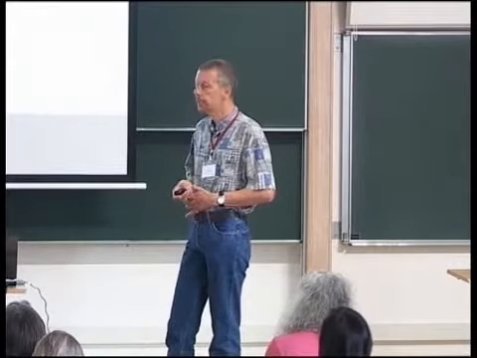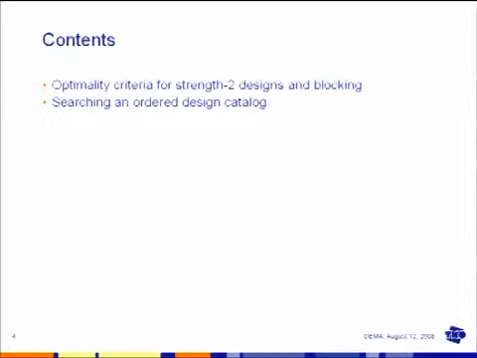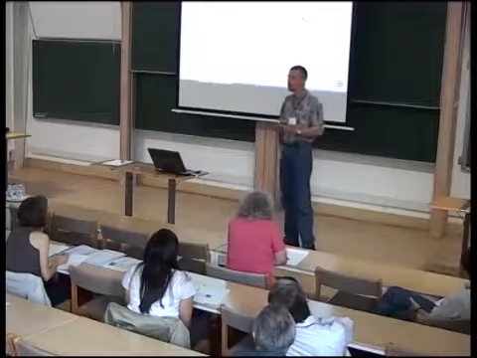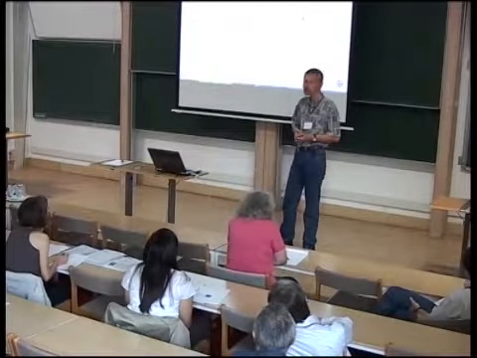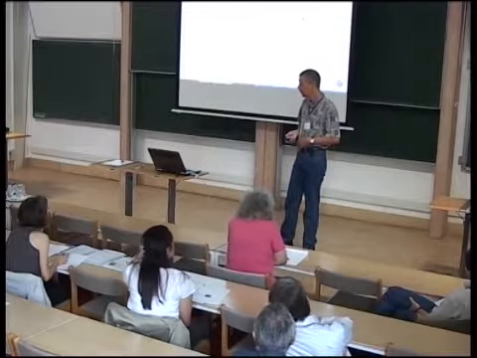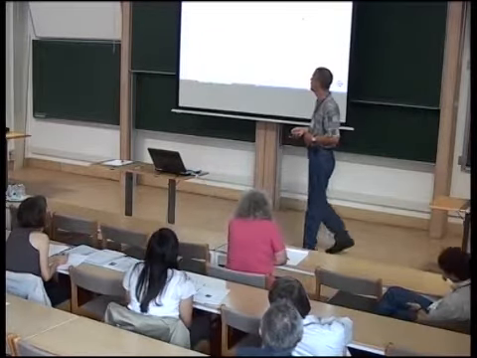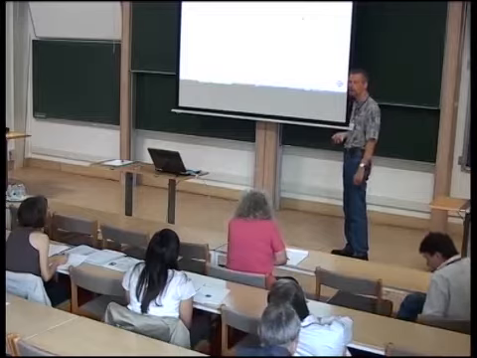Then we will see that if we have available an ordered design catalog of orthogonal arrays of a given set of factors and number of runs and level of the factors, then we can use such an ordered catalog fruitfully by looking for a suitable blocking arrangement. And inevitably, I will wrap up with some conclusions at the end.